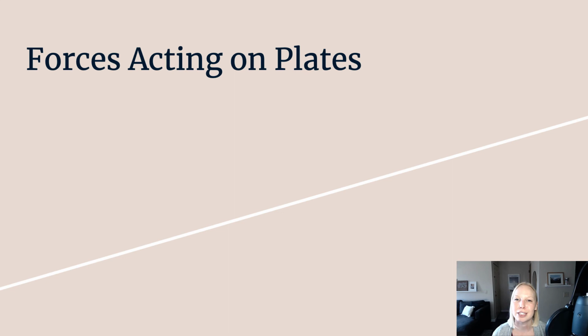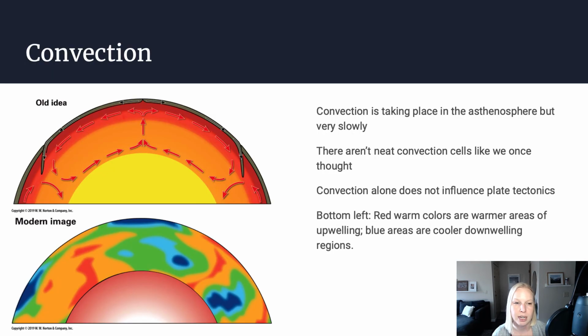Now that we've gone over the different types of plate boundaries, I want to talk about the forces that are acting on these plates that are actually causing them to move around. One of the things that we thought was really key to plate tectonics, and now we know plays a little bit less of a role than we thought, is actually convection. So convection, again, is when you, let's say, take a pot of water, you're going to boil some water to make some pasta.